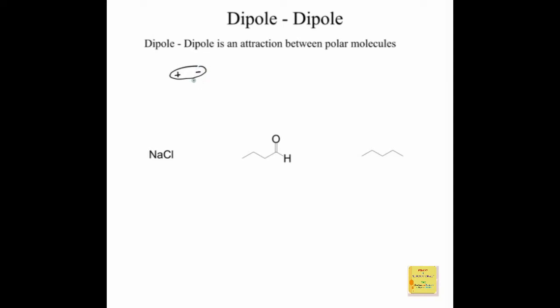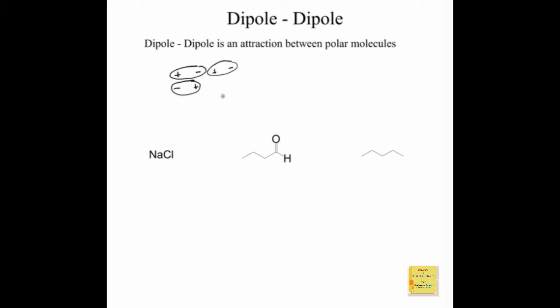If we had two such molecules, they are going to be aligned in such a way that the electron deficient region is attracted to the electron rich region, and so on. So there is quite a strong attraction between polar molecules, just like the attraction that two magnets have for each other because they each have poles.